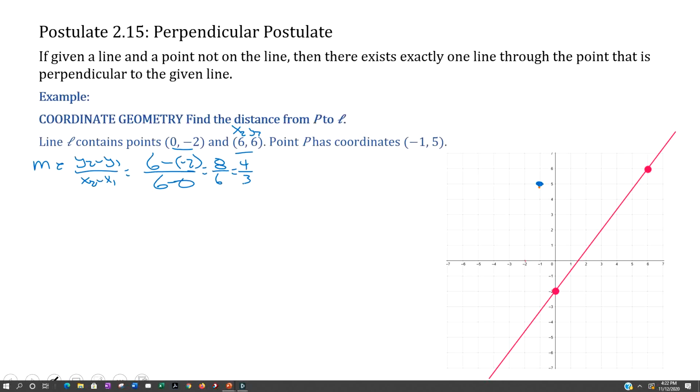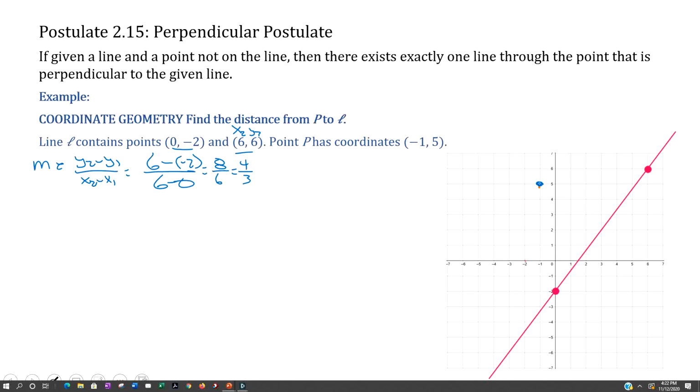I don't really care about any other points on the line or what the equation is. I have my point, my slope. Because perpendicular lines, remember, their slopes are negative reciprocals. So what I'm trying to do is find my line through this point that is going to be perpendicular to our other line.